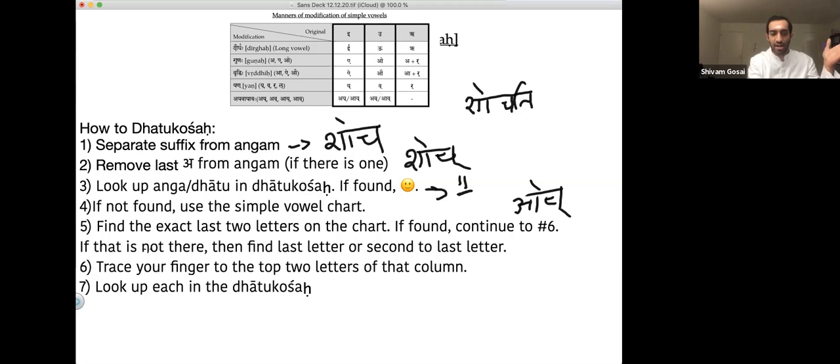So if it's not there, then find either this last letter, chakara, or the second to last letter, o. Do we see chakara anywhere on there? No, but I see o. I do see o on this chart, all the way here.